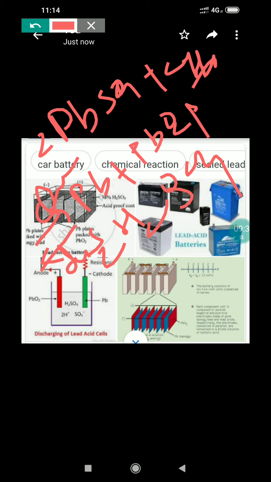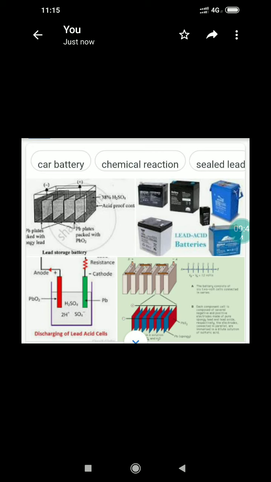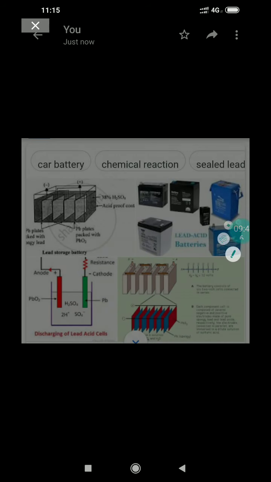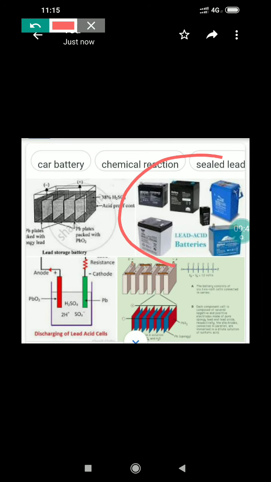Then the application of the lead accumulator. Here some images are there, and these are the applied forms of the lead accumulator. It is used as a source of direct current, that is DC current, in the laboratory.